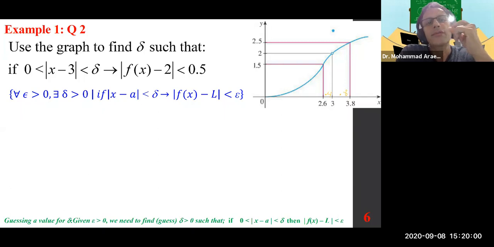Now, use the graph to find delta such that this works. Imagine you choose either 0.4 or 0.8, which one? Let's choose 0.8. If you choose 0.8, it works out for the right side. But for the left side, that means 3 minus 0.8, that means 2.2, so somewhere here is 2.2.